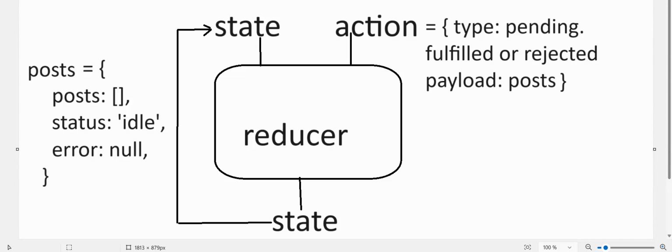When we add something through our add post form, we add title and content. Server updates it, pushes it to the array, post, and creates an ID. And the response is ID, title, content.